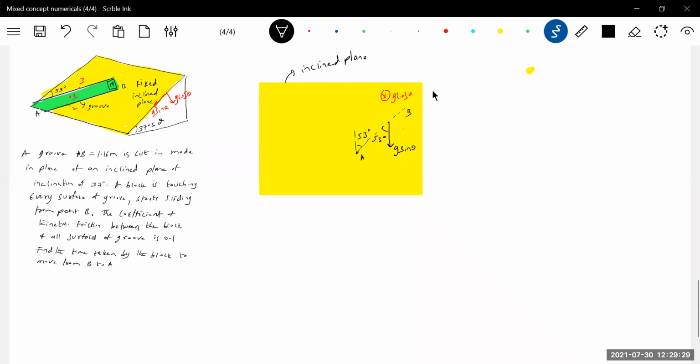Tell me, what is the component of force acting along surface 1? g sin theta cos 53 degrees. Then g sin theta sin 53 degrees will be perpendicular. If I resolve this, if you are able to imagine, all this is not needed.